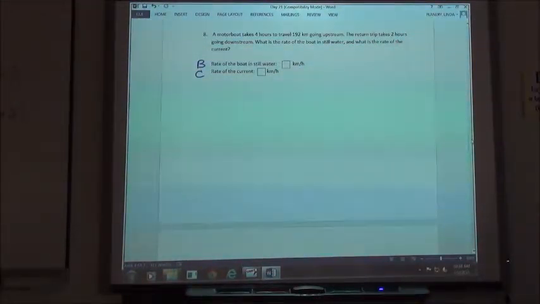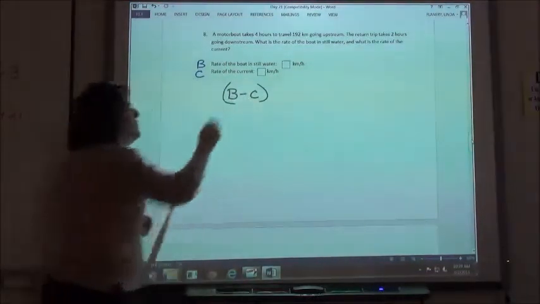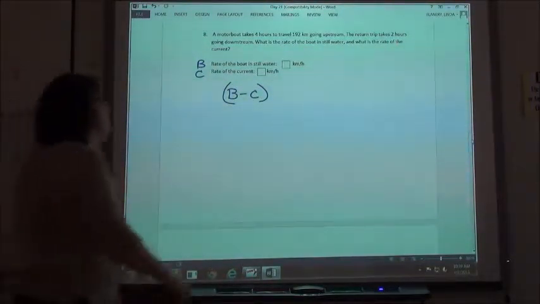Motorboat takes 4 hours to travel 192 kilometers going upstream. So if I'm going upstream, am I going to go faster or slower? Slower, because it's harder to go uphill, right? So my overall rate is going to be B minus C, the boat minus the current. The time on that one is 4 hours.